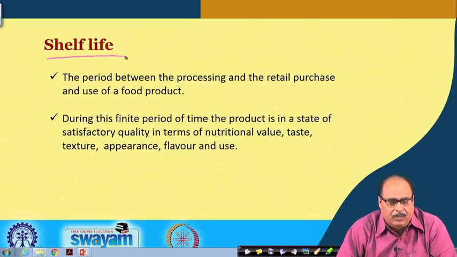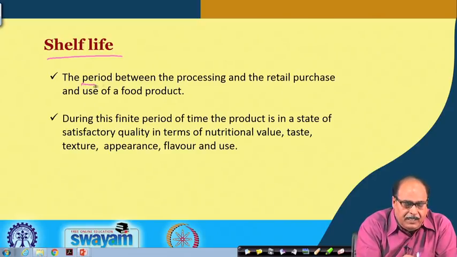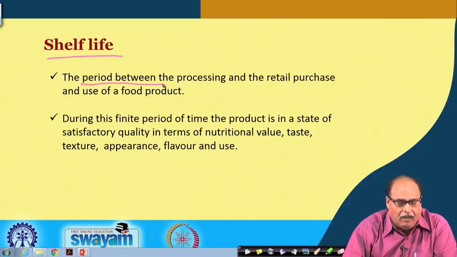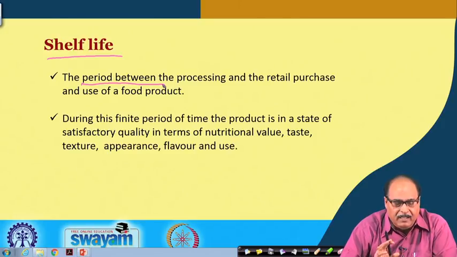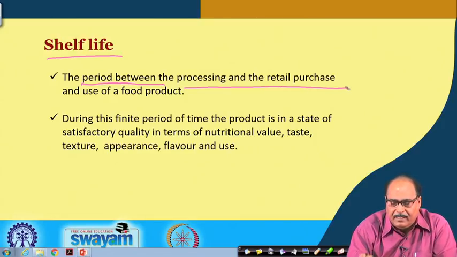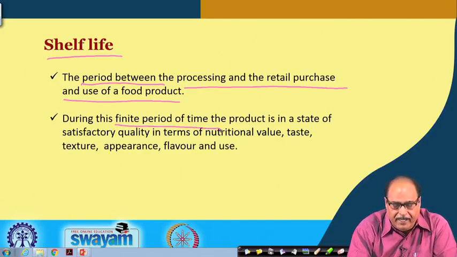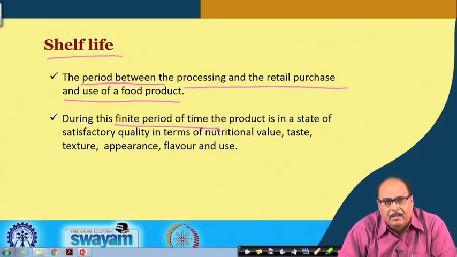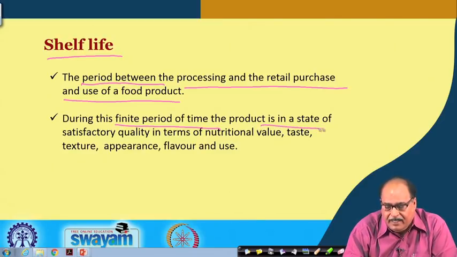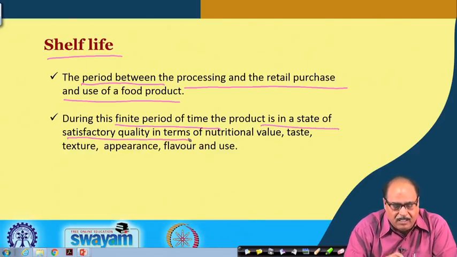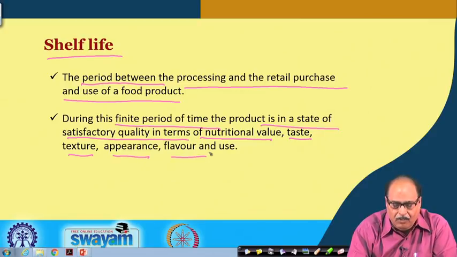So, what does shelf life actually mean? The shelf life of a food is the period between the processing and retail purchase and use of a food product. And during this finite period of time, the product is in a state of satisfactory quality in terms of nutritional value, taste, appearance, flavor and its use.